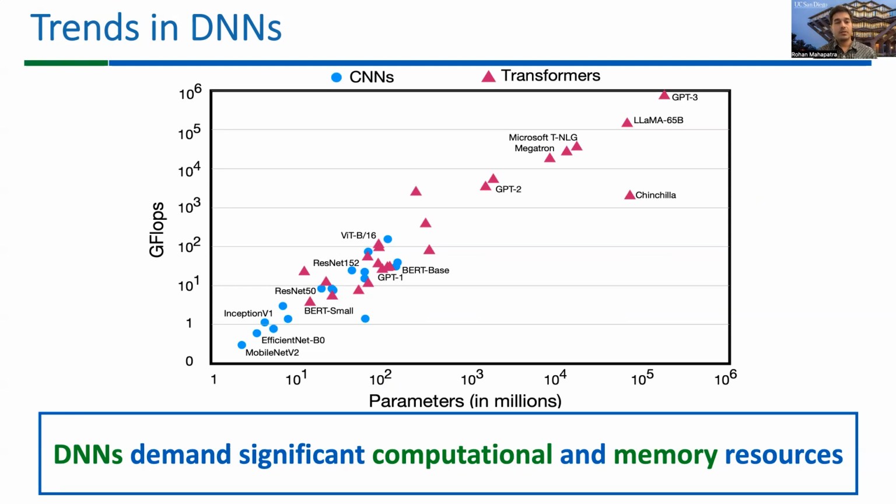But as deep neural networks have emerged and are becoming more and more complex and larger, for instance, on the top right you see GPT-3, which demands a significant amount of gigaflops and has a lot of parameters. Specifically, the largest model has 175 billion parameters.